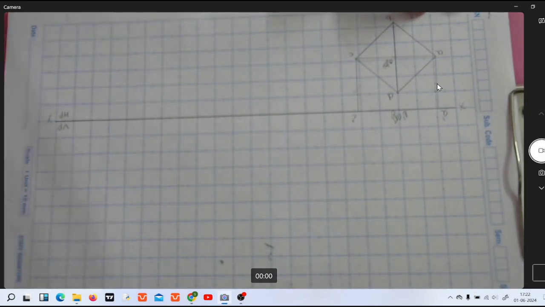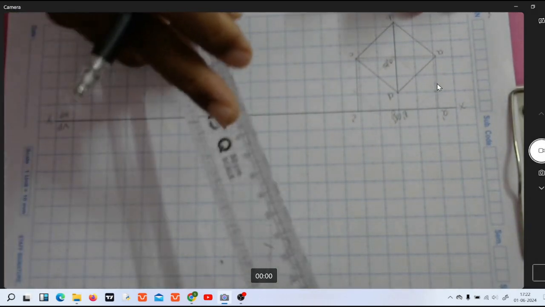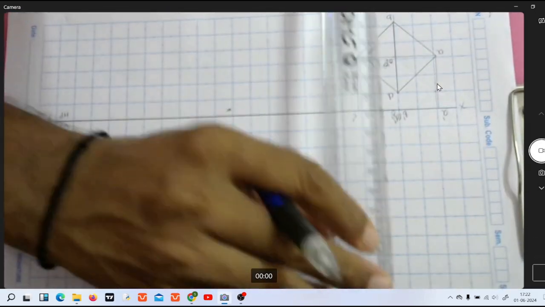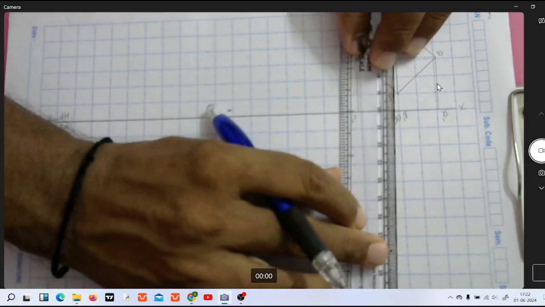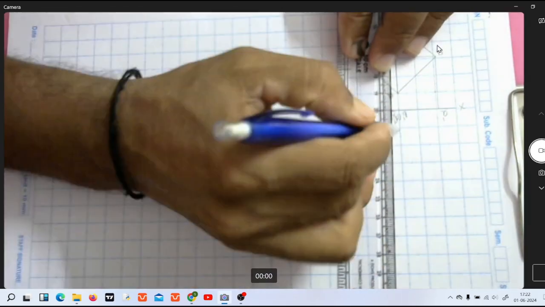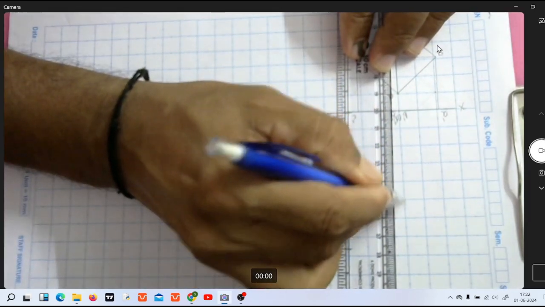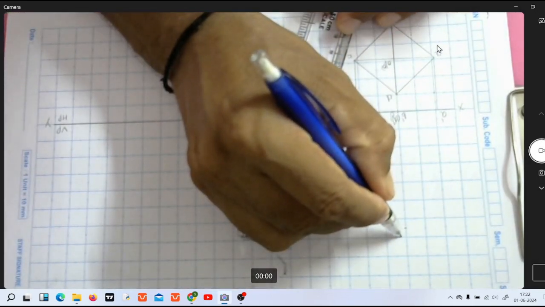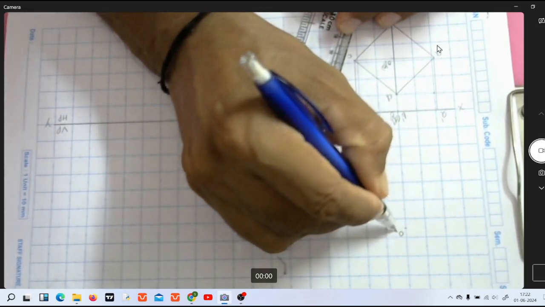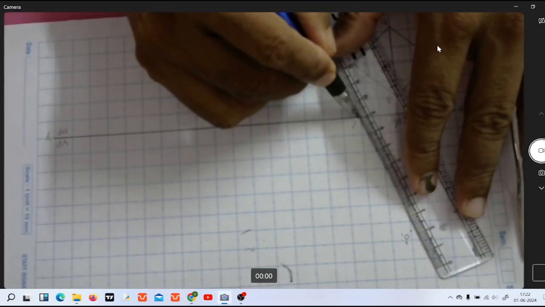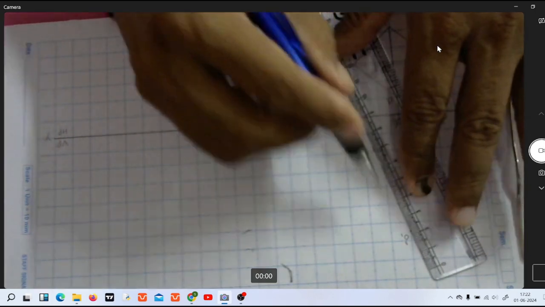Now from point O dash, mark a height of 65 mm. Let us mark this point as O1 dash. Now join the slant edges from the base corners to the apex point.